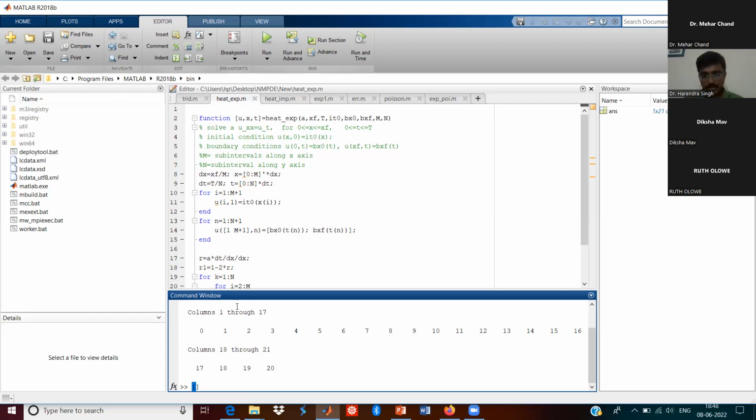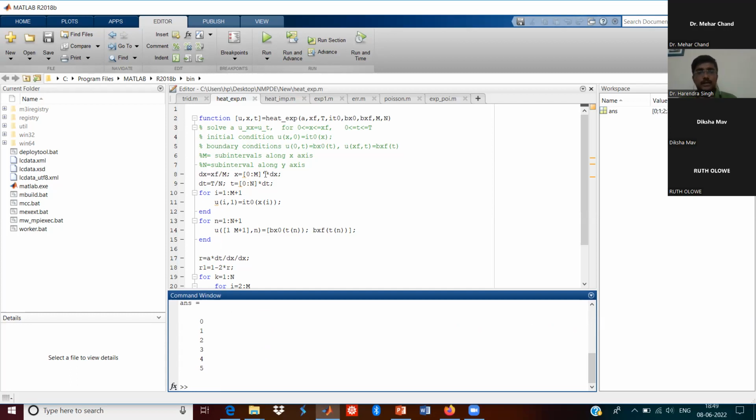If we write 0 to 4, 5 and then transpose, this will be the column matrix, whereas the previous one was the row matrix. So you can see this is the transpose. You are familiar with this notation. This is the product with dx.